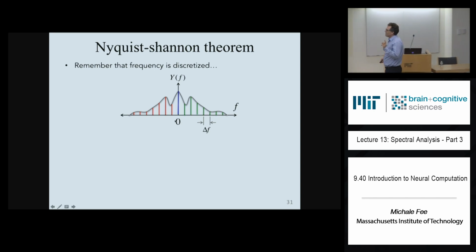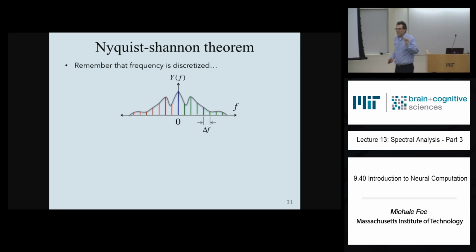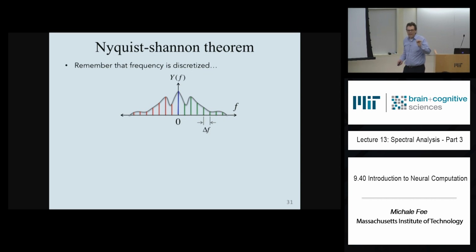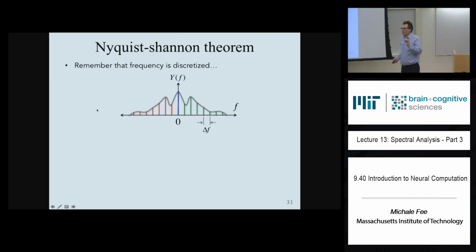What does that mean? Remember when we were doing Fourier series? What was it that we had to have to write down an approximation to a function as a sum of sine waves, multiples of a common frequency?